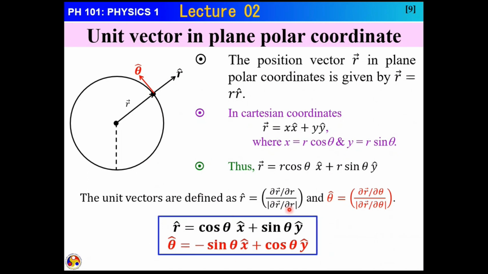But you can use this formula to derive it. So now we know how the unit vectors r cap and theta cap can be written in terms of the unit vectors x cap and y cap, and these unit vectors r cap and theta cap are theta dependent.